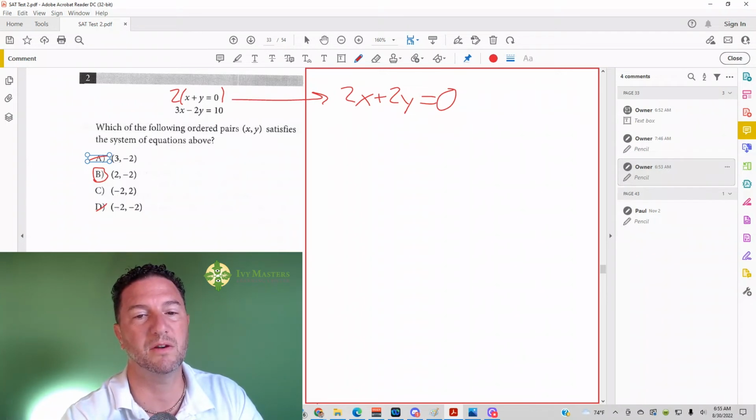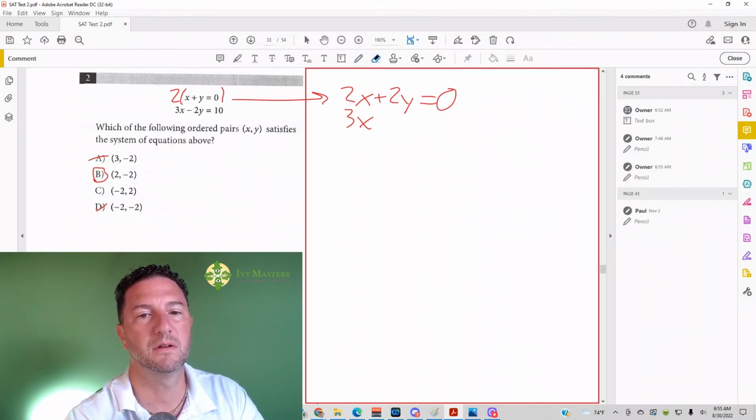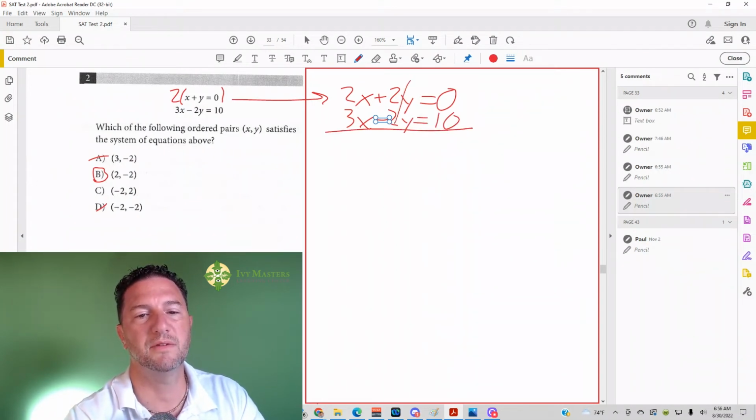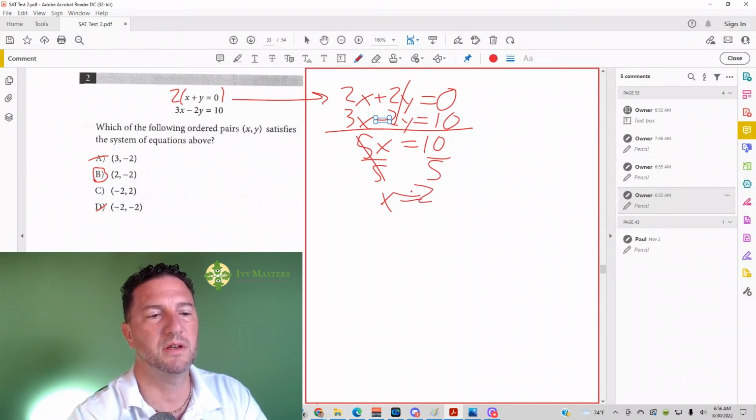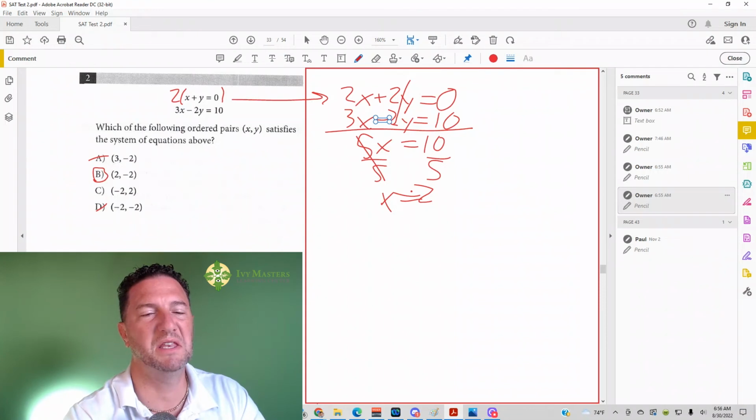For this one it doesn't matter because it's 0. Underneath you get 3x minus 2y equals 10. Then when I add it down, these cancel. I add up, I get 5x equals 10. Divide both sides by 5. I get x equals 2. So, where is x equals 2? In answer choice B, and in no other.